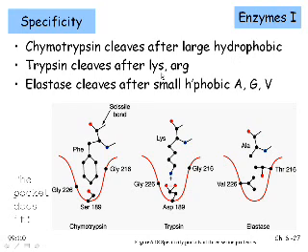Trypsin tends to cut after either lysine or arginine. And elastase tends to cut after small things, alanine, glycine, valine, stuff like that. So what is it about the structure of these things that allows them to have the same catalytic properties and different specificity? Now we're sort of piecing apart two different aspects of an enzyme.